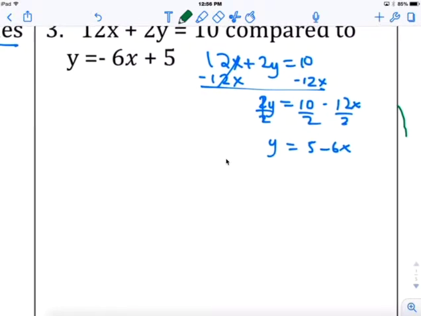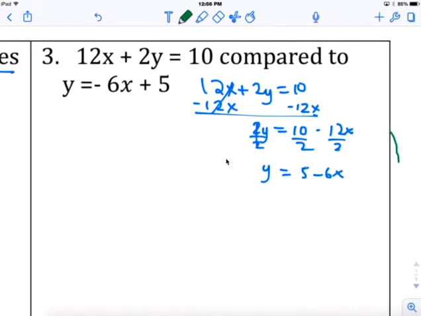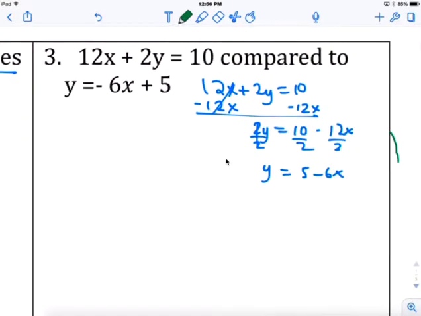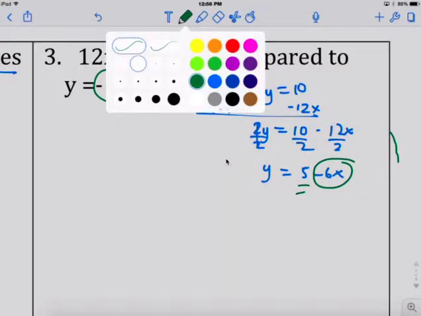Here, rate of change is the same. The y-intercept is the same. Therefore, it's infinite solutions, right?